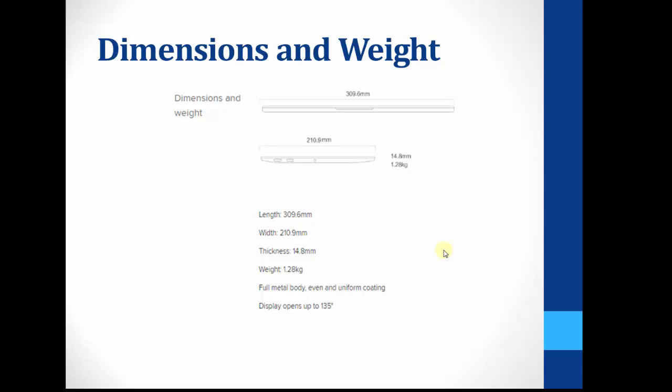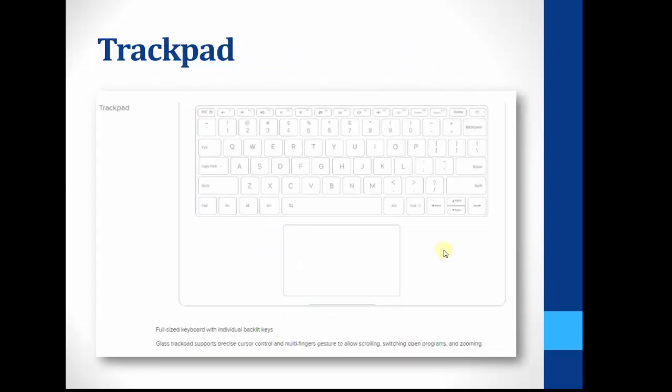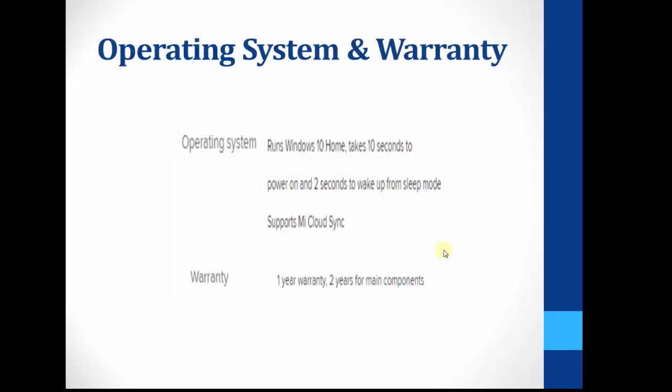Trackpad: this model also has the same fully sized keyboard and trackpad. Multi-finger gestures allow scrolling, switching, and zooming images and more. Operating system and warranty. The operating system is Windows 10 Home, which takes 10 seconds to power on and 2 seconds to wake up from sleep on this particular laptop model.